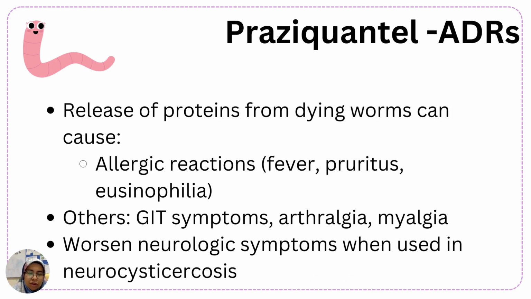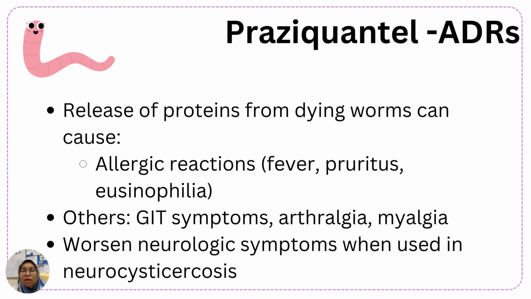Adverse drug reactions: most of the time, not just with praziquantel but with all the other anthelmintics as well, you have to remember these are all dying worms. Dying worms release proteins, and these proteins are foreign to our body, so your body responds with allergic reactions.